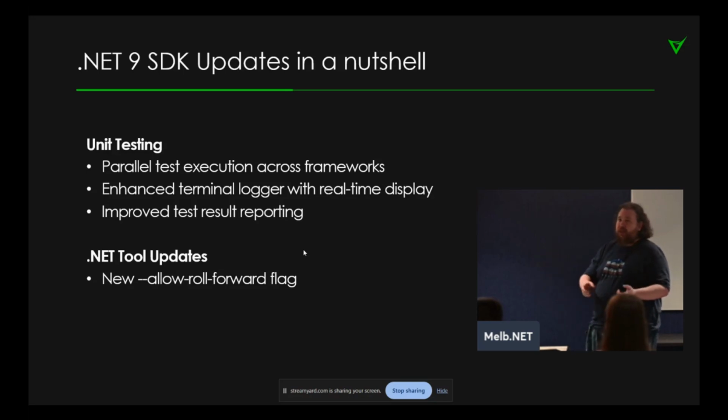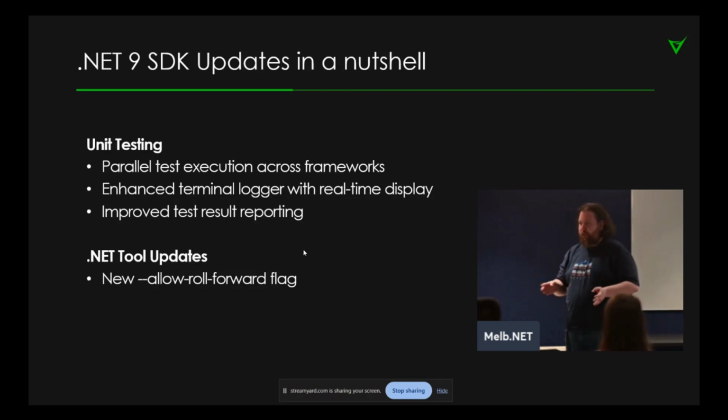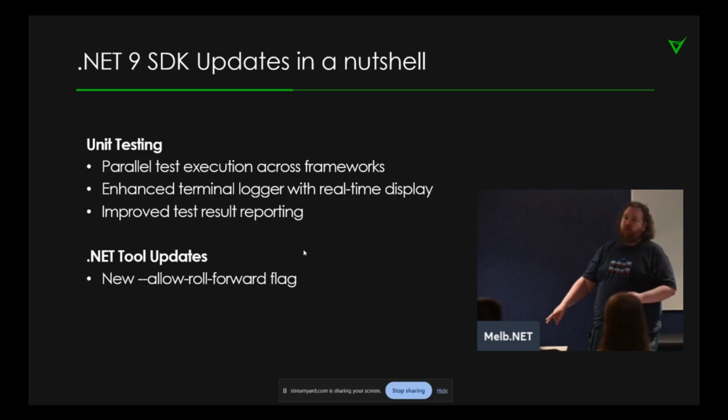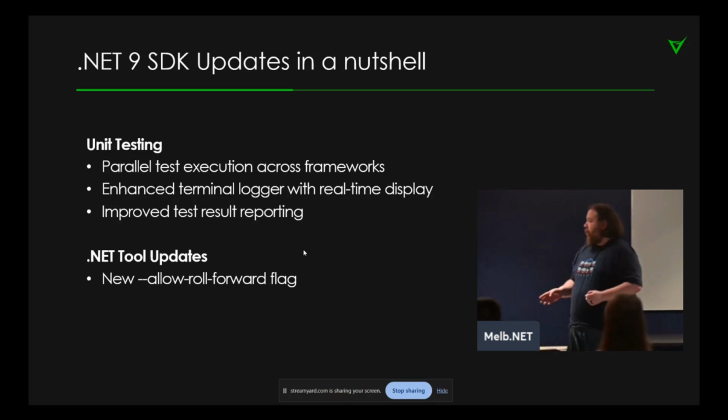Enhanced terminal logger. So we're actually going to be able to see more information in the terminal, and it's going to look nicer rather than the plain old boring logger that we used to have. And test result reporting has improved as well. This is also outside of Visual Studio. In Visual Studio, you get all the nice little tests and they show you which ones passed and stuff. I'm going to show it to you on the CLI.